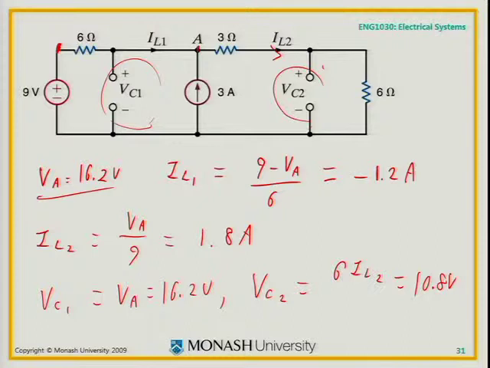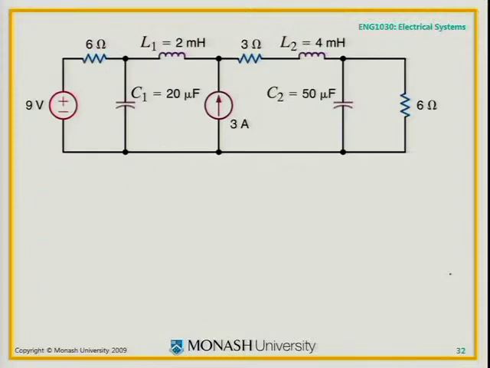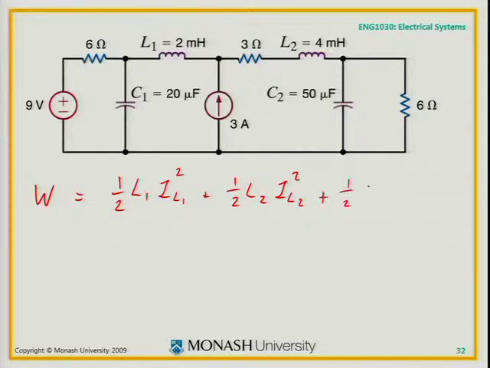And so to finish it off, the energy stored in this circuit will be a half L1 IL1 squared plus a half L2 IL2 squared plus a half C1 VC1 squared plus a half C2 VC2 squared.